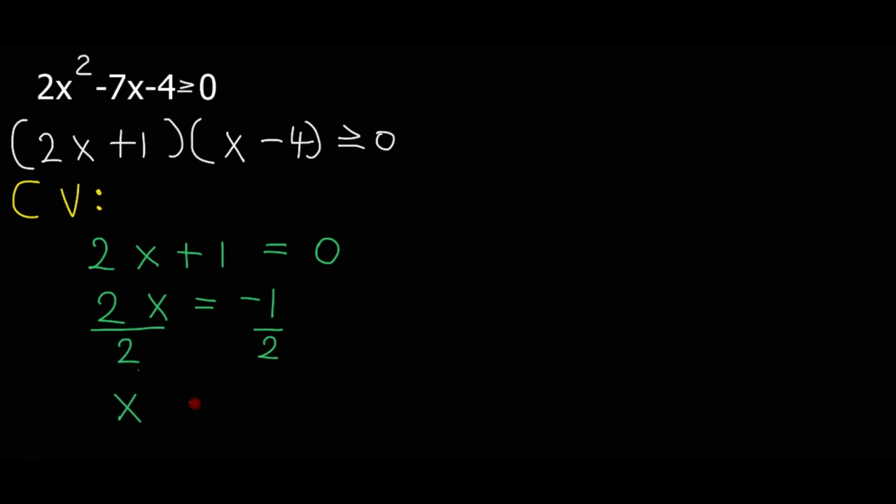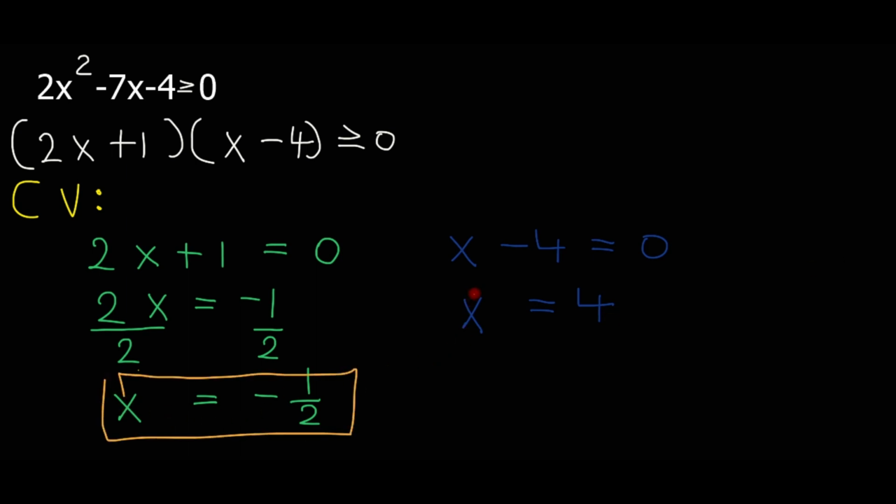So x equals to -half. And then for the other one, x minus 4 equals to 0, and then from there, solve for x. x is equals to 4. So our critical values are x is equals to -half, and x is equals to 4.